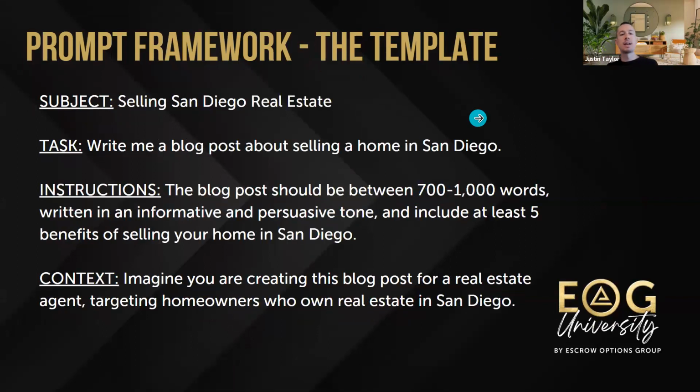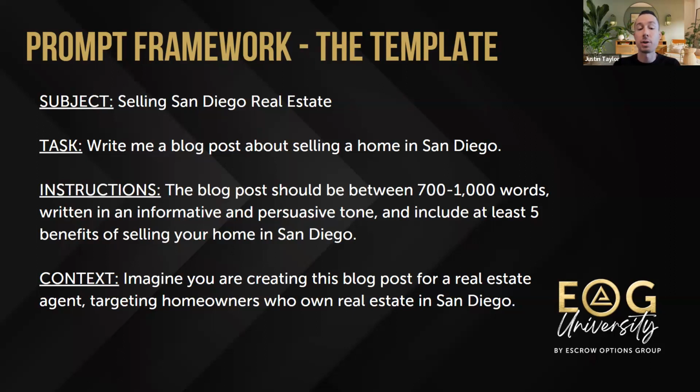So subject, selling San Diego real estate. That's the subject. What's the task? Write me a blog post about selling a home in San Diego. Kind of general, that one line, but we're going to paste this entire thing in GPT. Instructions. What are the instructions? The blog post should be between 700 to 1,000 words, written in an informative and persuasive tone, and include at least 5 benefits of selling your home in San Diego.